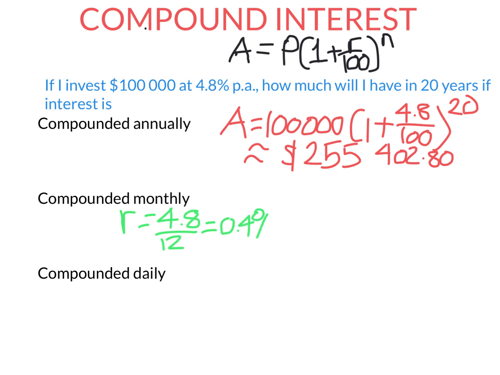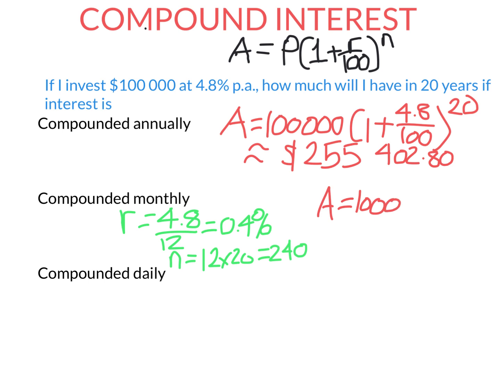That's the rate per month. Now we also need to change N, because if you compound monthly for 20 years, there won't be 20 compounds. The number of increases will be 12 per year times 20, which is 240.